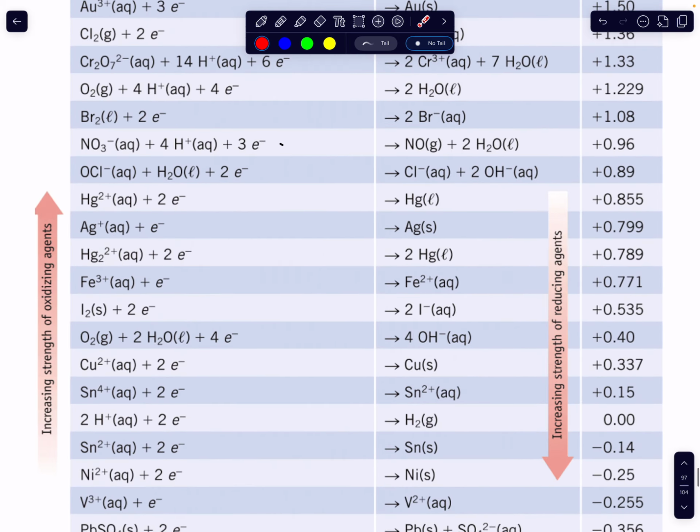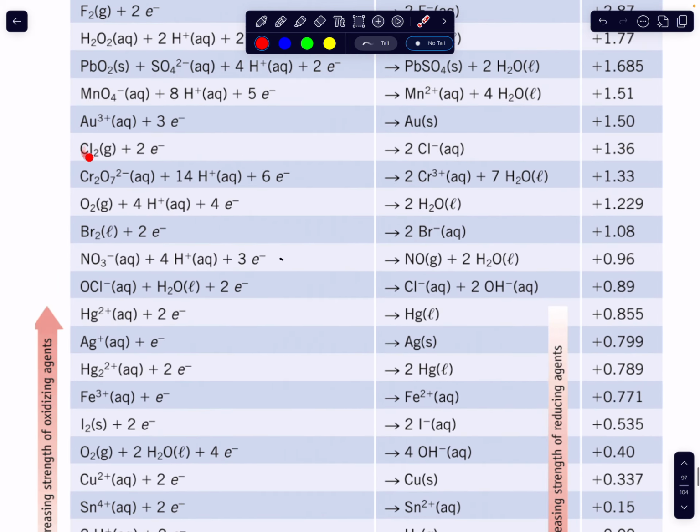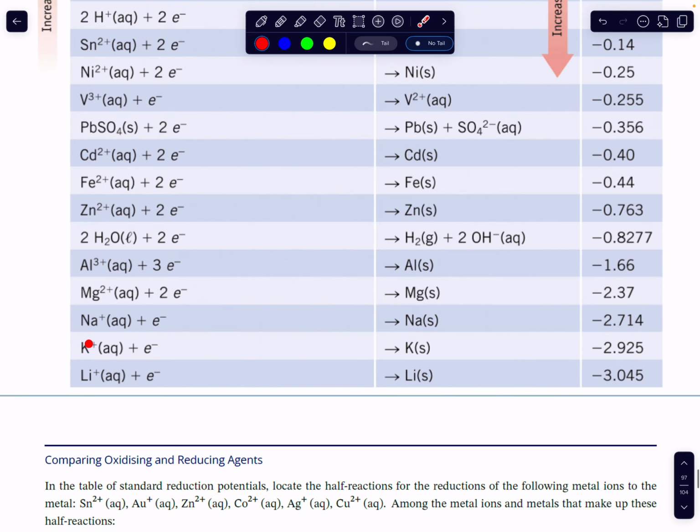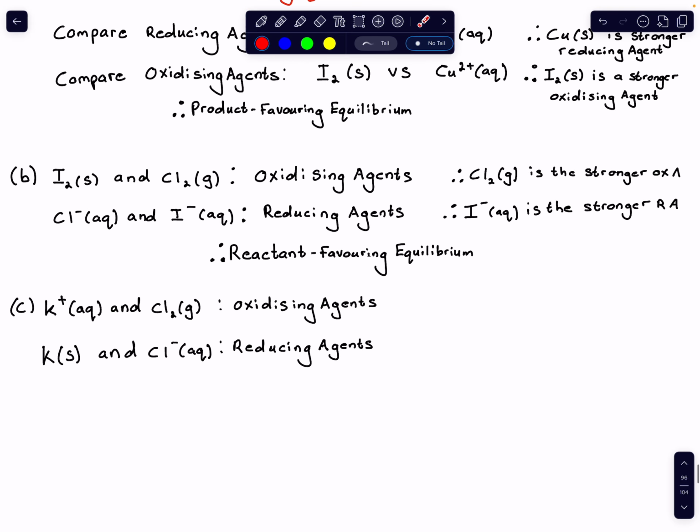Because Cl2 would much rather want to be reduced than K+ wants to be reduced. So it is clear that Cl2 is the stronger oxidizing agent.